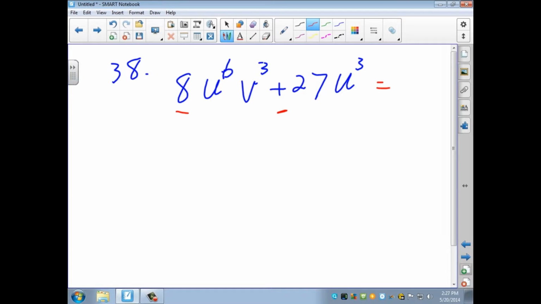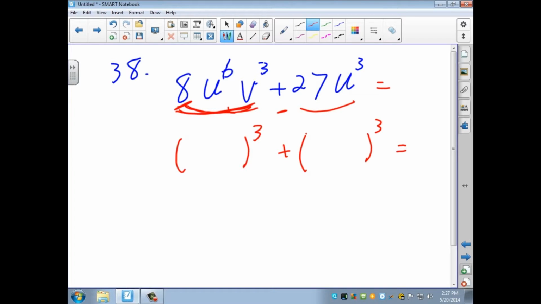When I look at the special product rule, the only place where you have two pieces added together that can be factored is when you have two cubes added together. So I would think, okay, this might be a sum of two cubes. So I need to see whether this actually is a sum of two cubes. So I'm going to rewrite the first one and the second one in terms of something cube plus something else cube. See if I can do that.